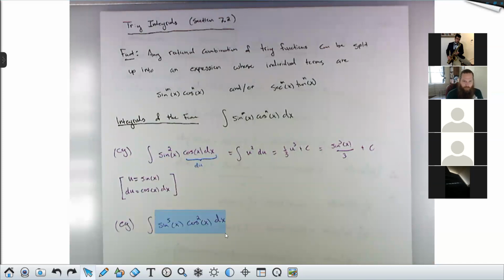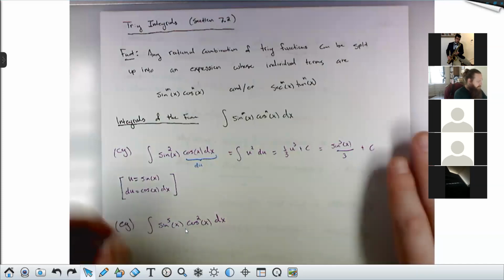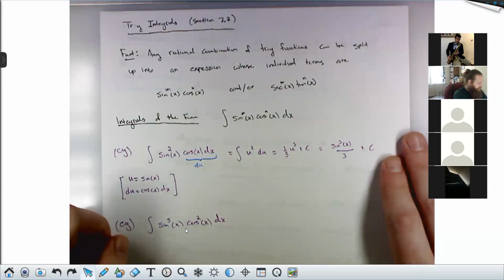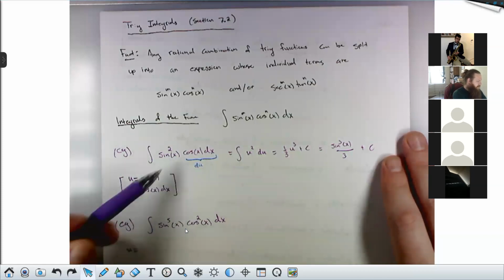I can do the same thing here, but because the odd power is a 5, if I sub u equals cos x, du would be negative sine x dx. That's only going to eat up one of the 5 sines here. So let me naively run the same thing. I'm going to sub for the non-odd guy. Like here I had sine squared, sub for sine.